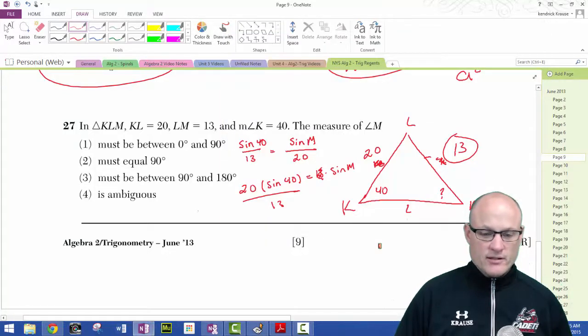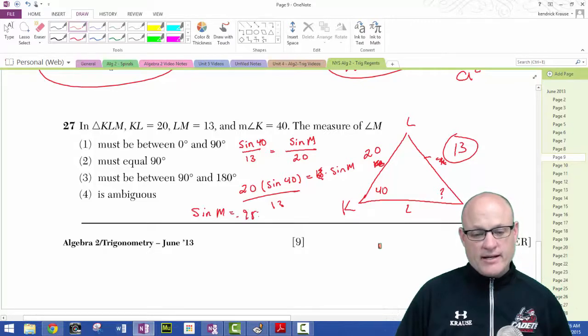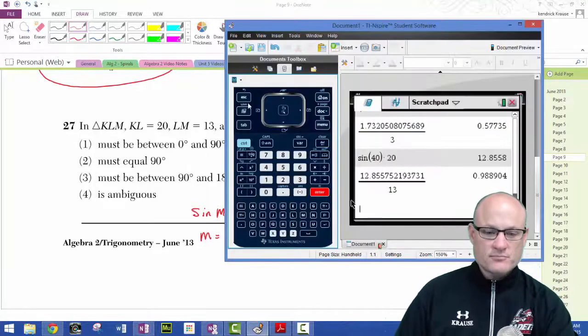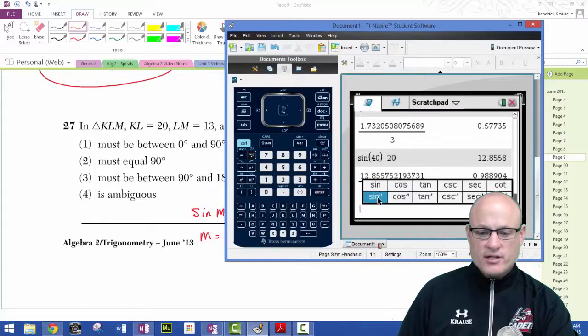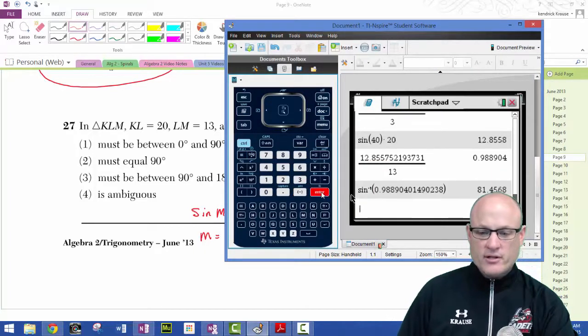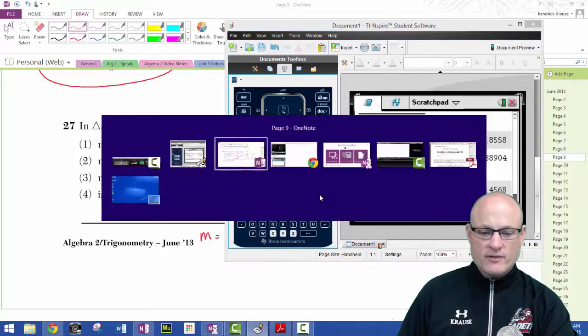So I get sine of M is equal to 0.9888. So you need to do the inverse sine to get M. So you get M equals the inverse sine of the answer, and you get 81.45 degrees.